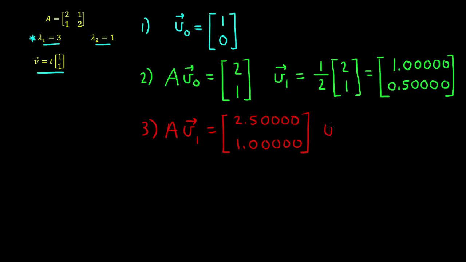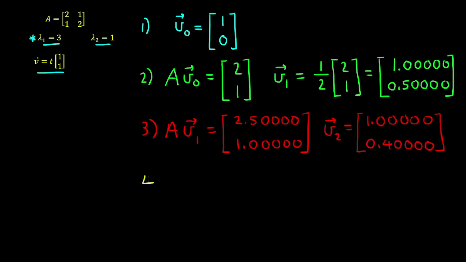And therefore, V2 is equal to 1 over 2.5 multiplied by these two components. So that gives 1.0, and 1 over 2.5 is 0.4.